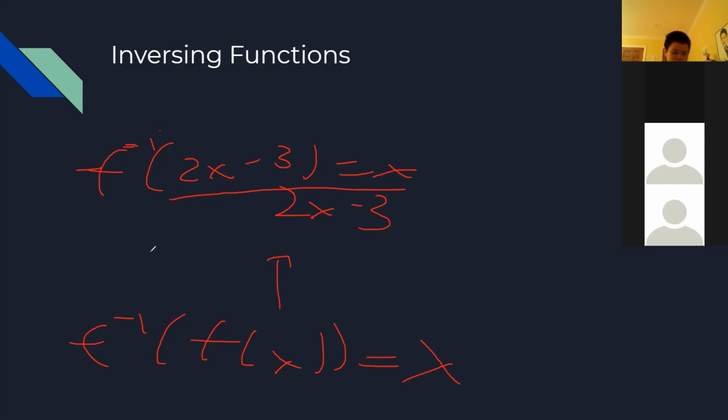Well, first off, if f turns input to output and f negative 1 turns output to input, then this must be equivalent to this.